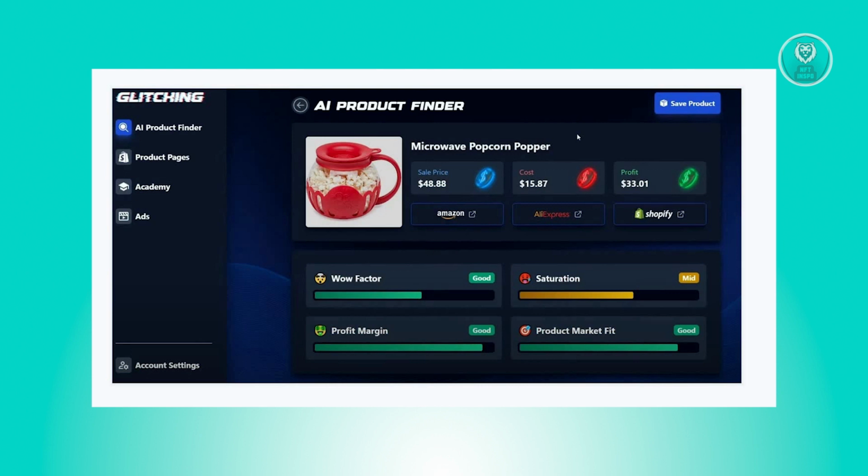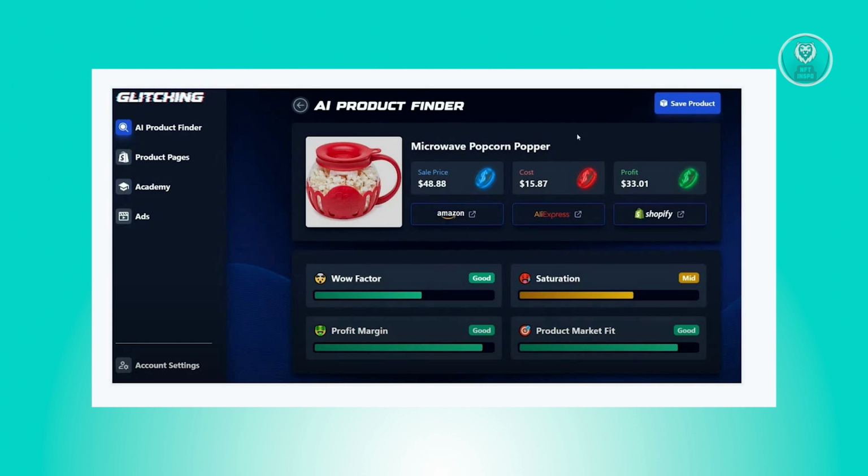Saturation determines how much a product is currently being sold on the market, meaning how many people are already selling it. If your saturation rate is high, that's a concern.